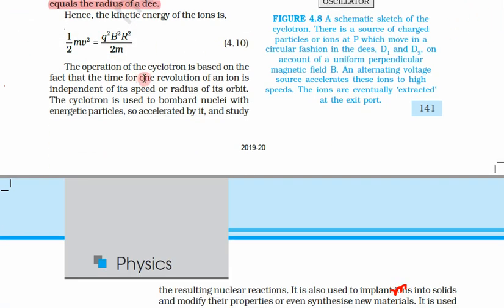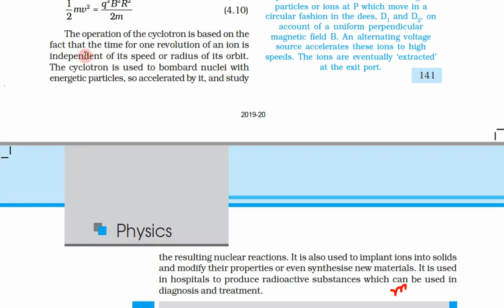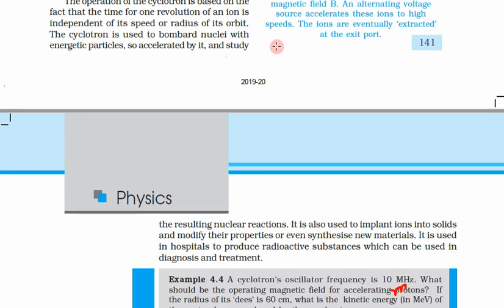Now the operation of the cyclotron is based on the fact that the time of one revolution of an ion is independent of its speed or radius of the orbit. So we have already seen that the formula of frequency does not have any velocity or radius. The cyclotron is used to bombard nuclei with energetic particles accelerated by it and study the resulting nuclear reaction.